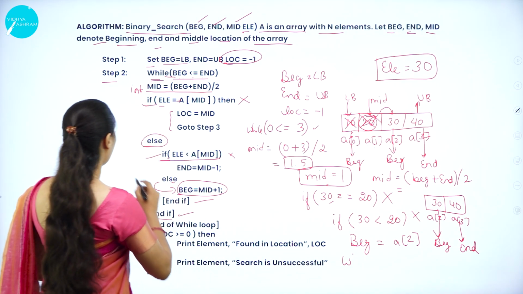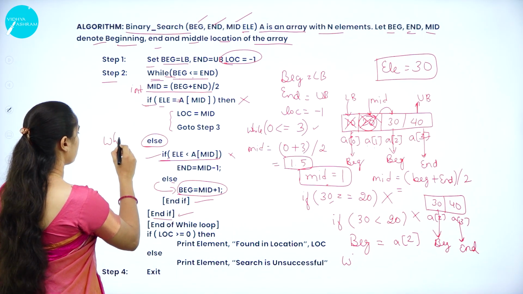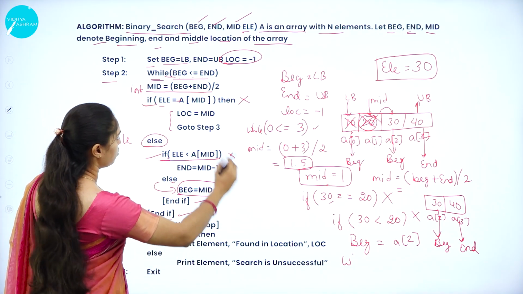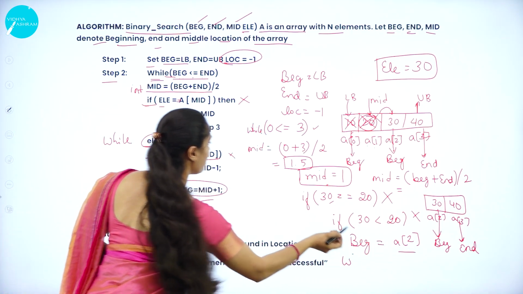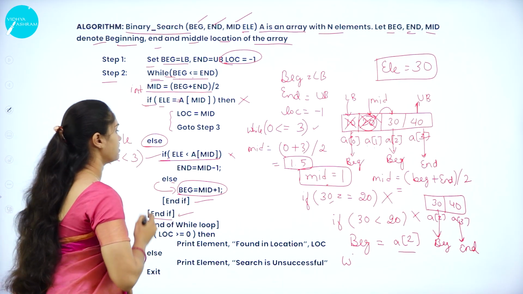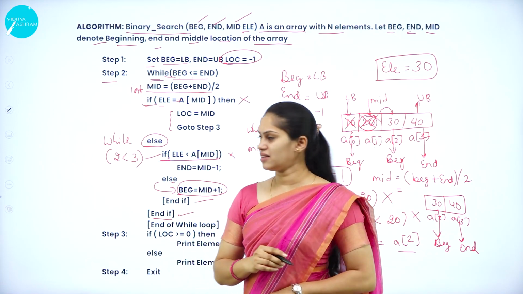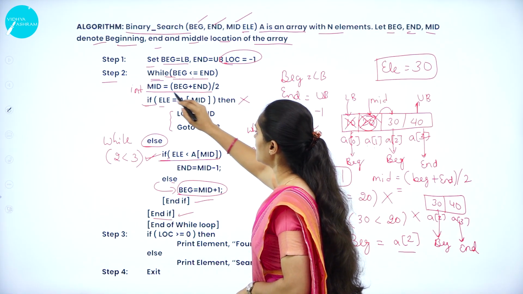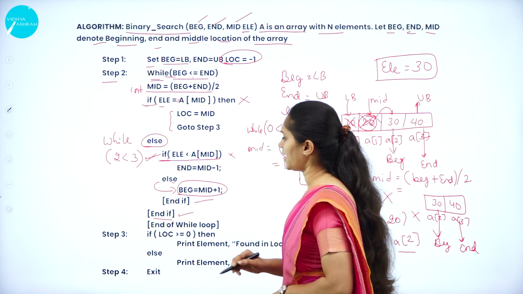That is 2, and end is 3. While 2 is less than 3, this becomes true. When it becomes true, it will come here and find the middle element.